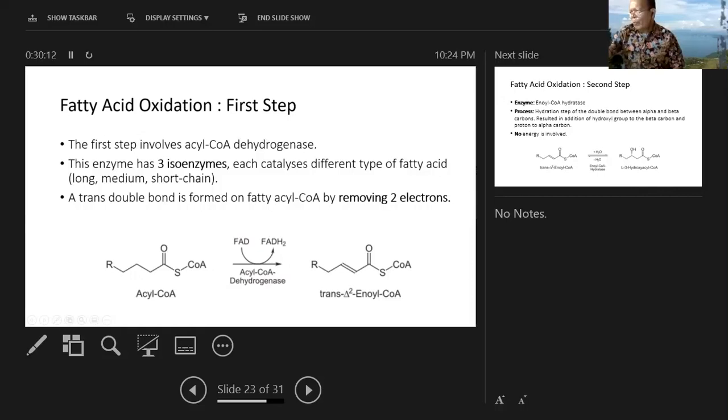In this case, this is acyl CoA and it will be converted into trans delta 2 enoyl CoA, and in this case, FAD will be reduced to FADH2.